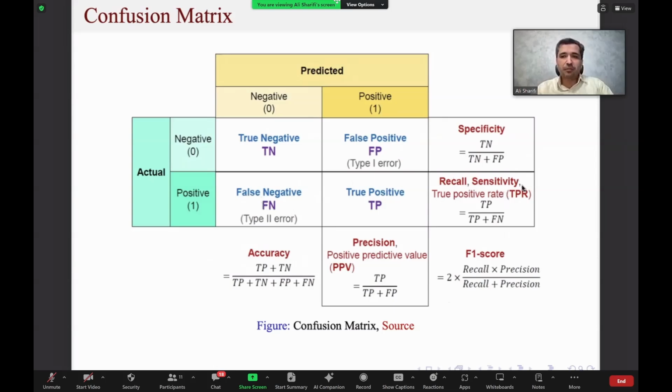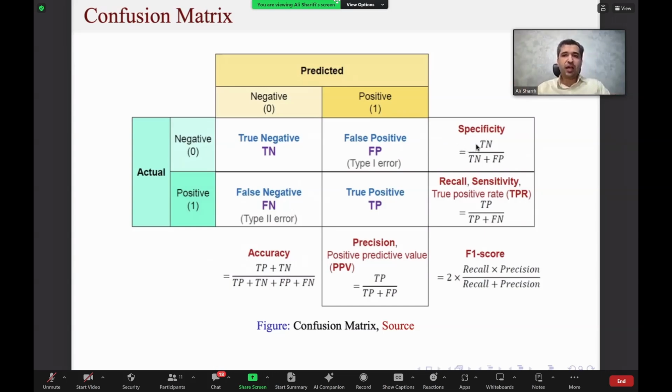And we can compute different accuracy metrics. For example, the accuracy is the total of these two cells divided by all four cells, which is the number of samples that we correctly identified divided by the number of all samples.